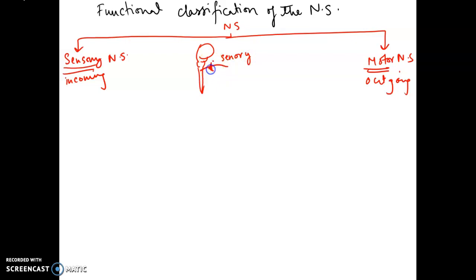And remember, this information is transmitted or carried towards the central nervous system via the receptors, right? There are receptors all over the body that carry the sensory information towards the brain and spinal cord. Okay, so that's sensory, incoming information.